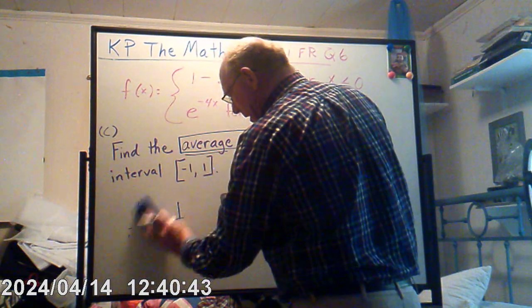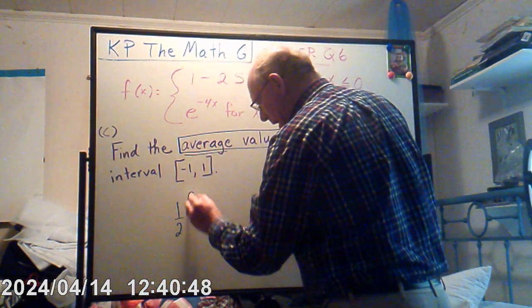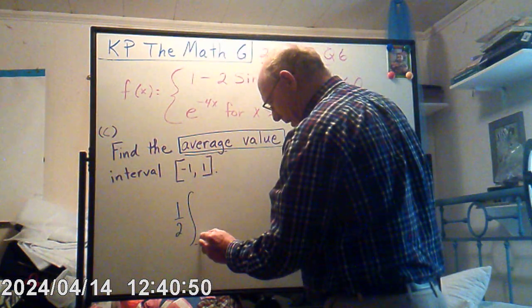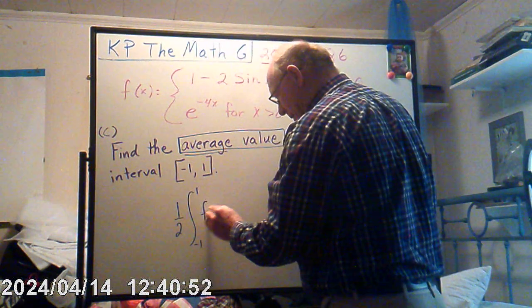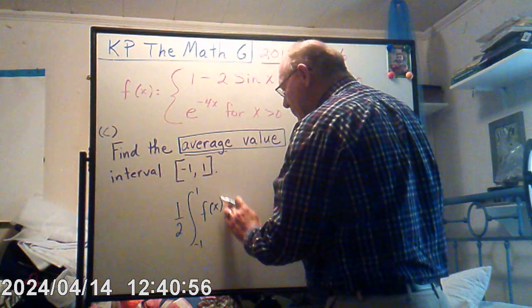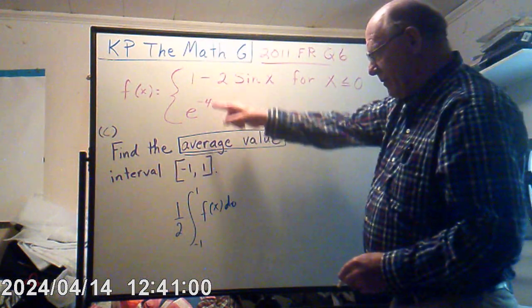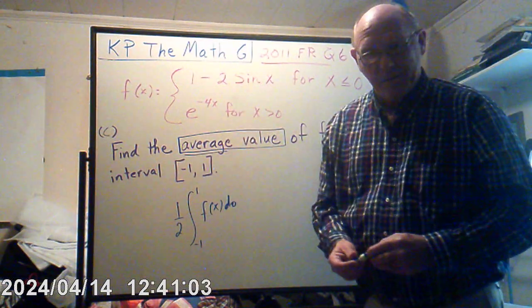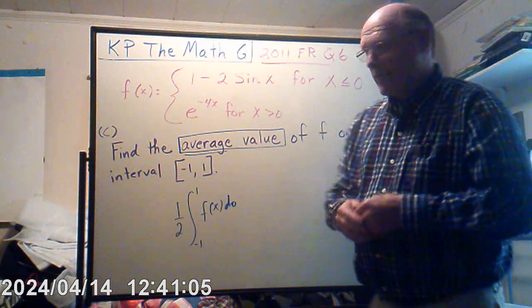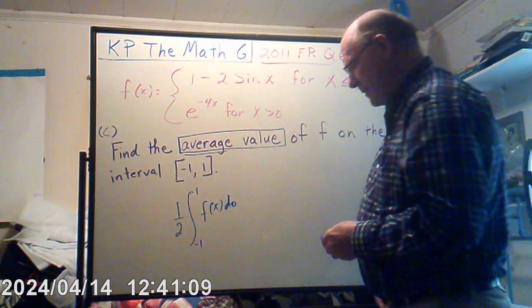Alright, the average is going to be 1/2 times the integral from -1 to 1, f at x dx. It's still f, but we have a piecewise function here, so we have to divide this up.